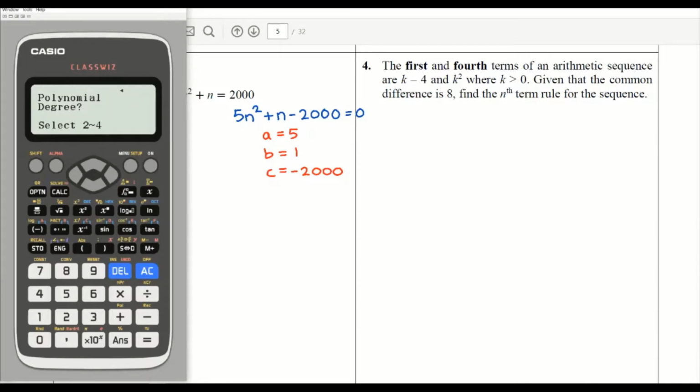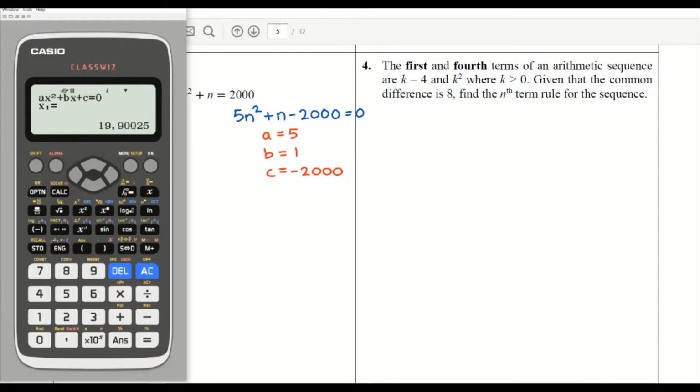We talked about degrees, didn't we, in algebraic fractions. So degree 2, and then we input the coefficients. So A is, of course, 5. B is 1. And C is negative 2000.